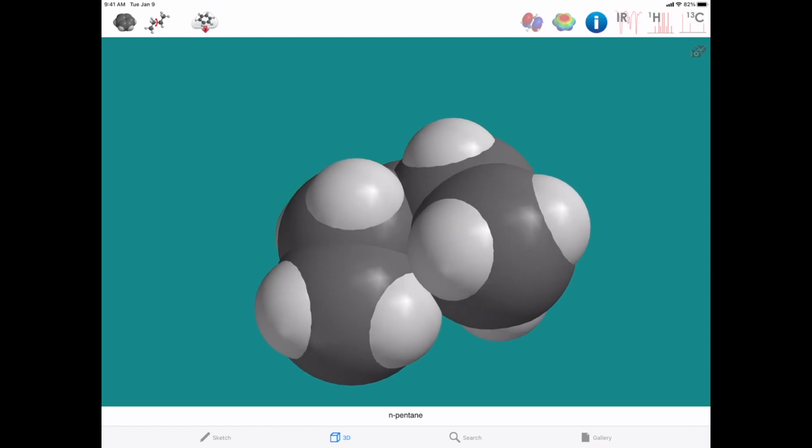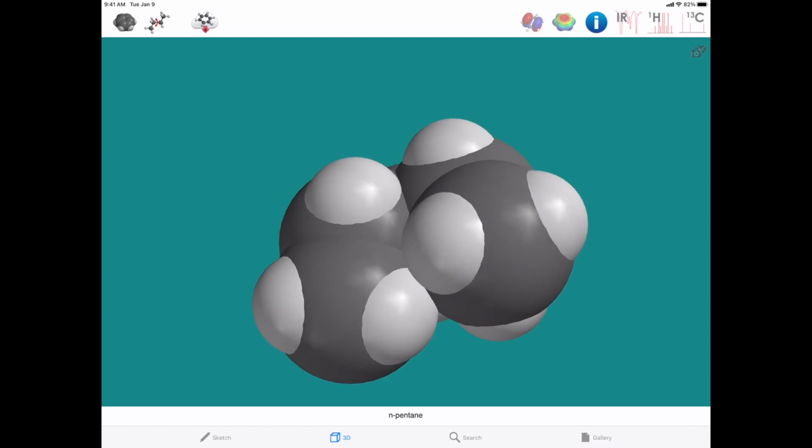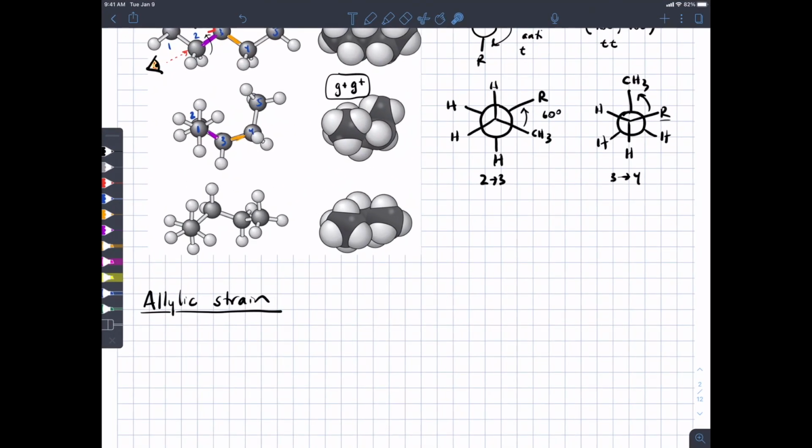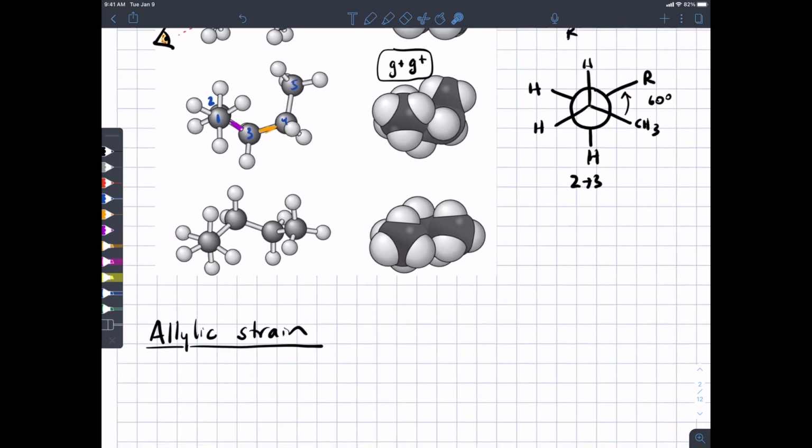You can see that's kind of a problem. Sometimes people call this a syn-pentane interaction, but that's what we've got pictured here. And this is an example of the gauche plus, gauche minus conformation.